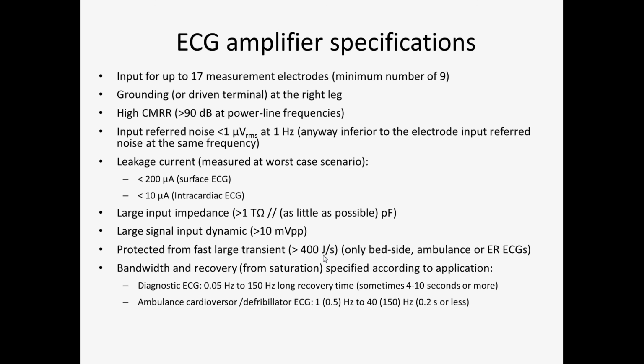In the case of an ECG device, it has to be more than 400 joules per second because it needs to withstand the defibrillator pulses. If it's an ECG monitor, manufacturers assume that it could be used during resuscitation, so the amplifier has to withstand that.